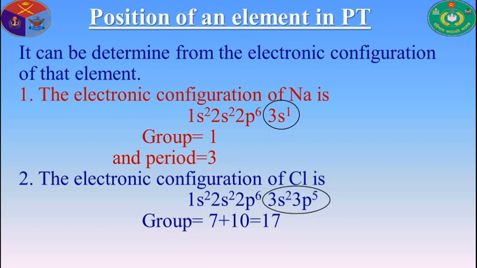For a non-metal, 10 will be added to these electrons, which ultimately will be 17. So the group number is 17 and the period is 3 because the maximum energy shell of chlorine is 3.